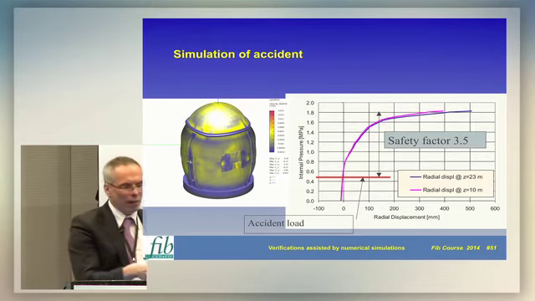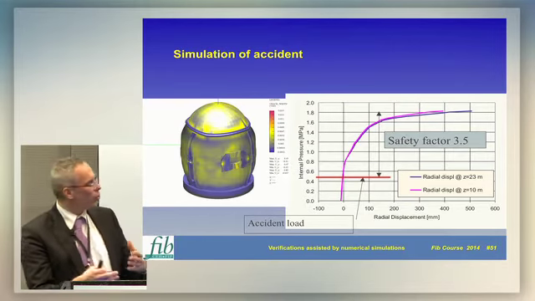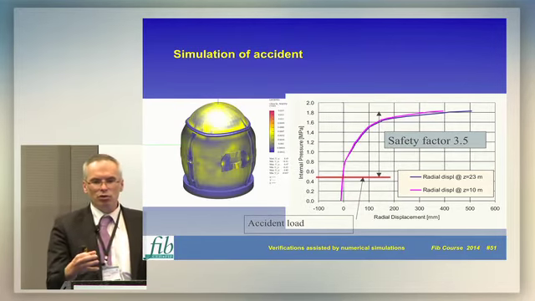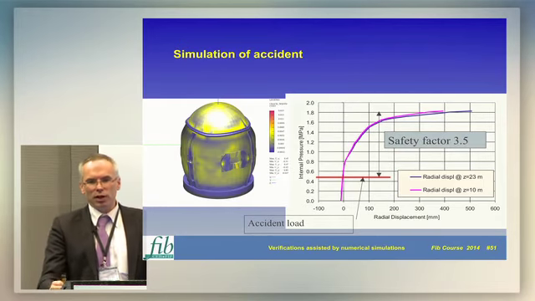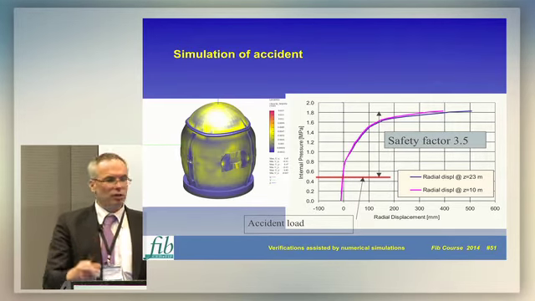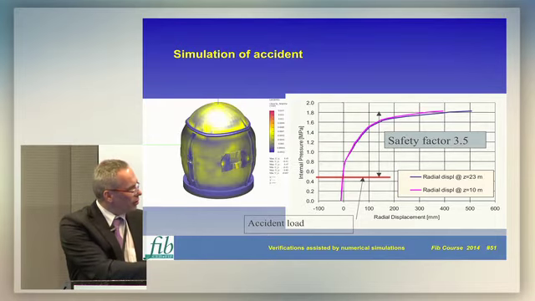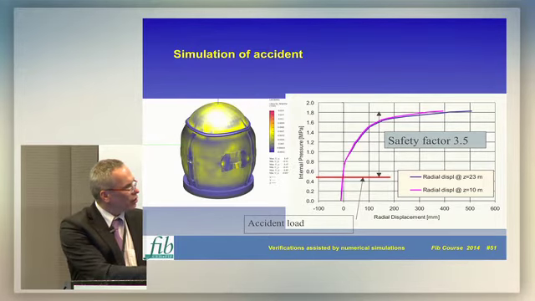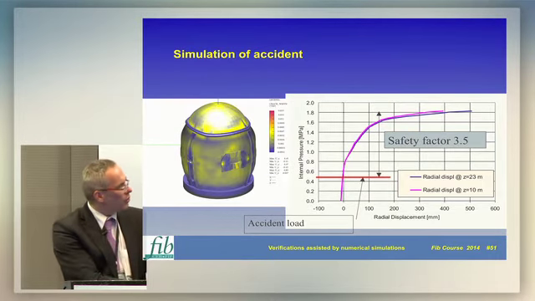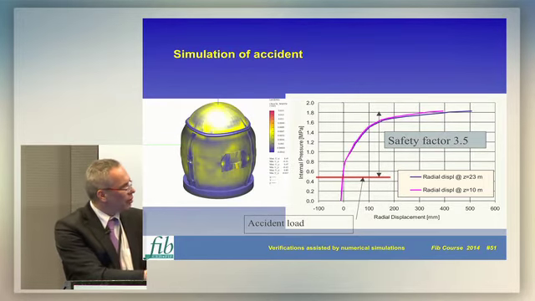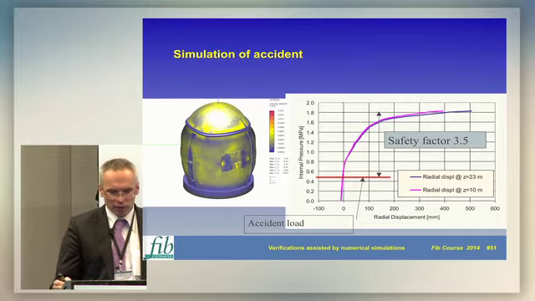I forgot to mention the main loading case in this situation is, of course, some temperature loads, but then there is an overpressure, a gradually increasing internal pressure. And so this global check was done by increasing the internal pressure following the deflections, and then we reached some final failure mode, which was very much controlled by the tendon yielding, and you see the safety factor, which was about 3.5.